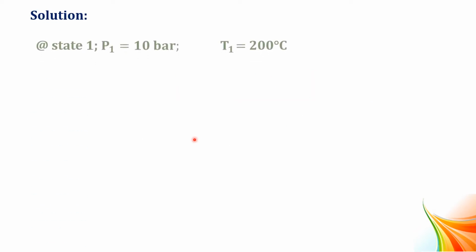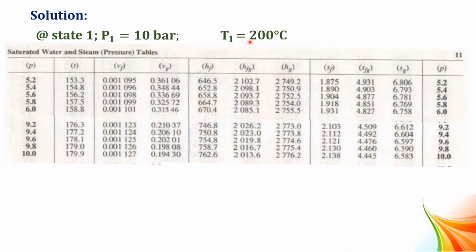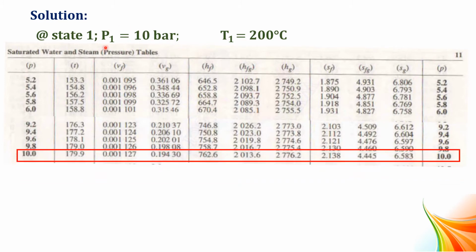Solution. At state 1, P1 equal to 10 bar, T1 equal to 200 degrees centigrade. So first we have to find out the quality of steam. For calculating the quality of steam, here the temperature is given, which is 200 degrees centigrade. From steam table, page number 11, corresponding to a pressure of 10 bar, we have to find out the saturation temperature.